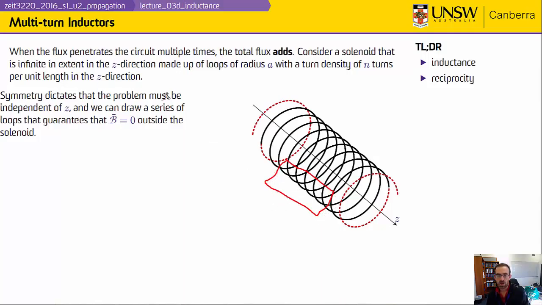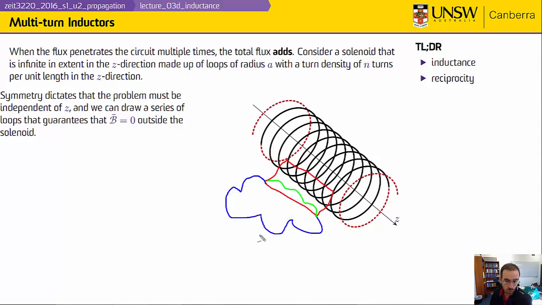Now that loop, and this loop, and this loop, and any other loop I choose to draw have exactly the same path integral when I apply Ampere's law. When I integrate around this circuit, B dot dl, that's going to be mu naught times the total current enclosed.